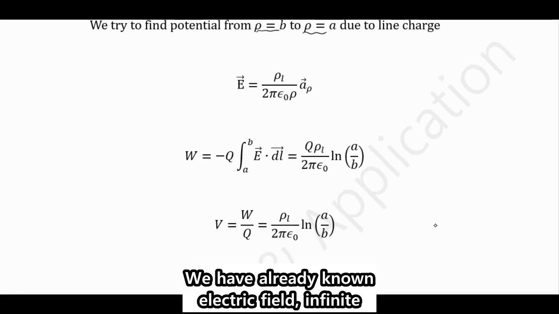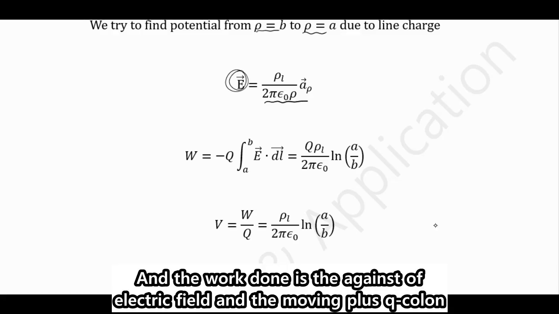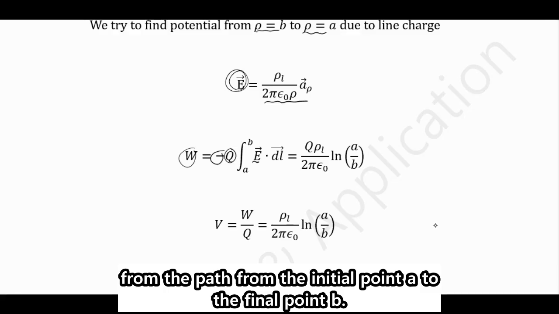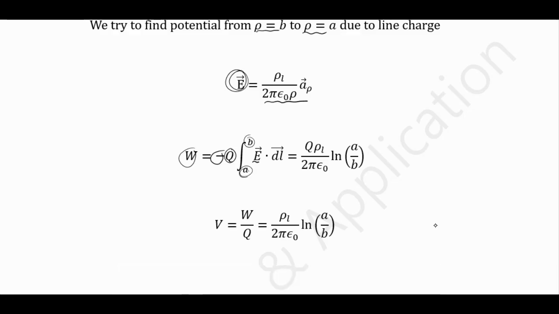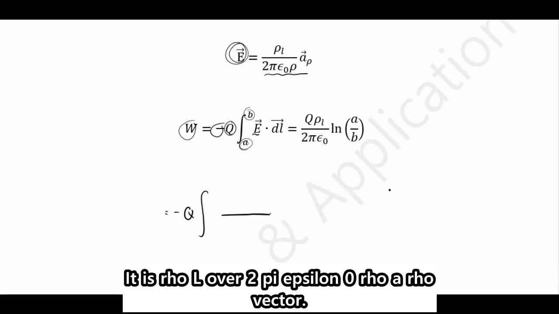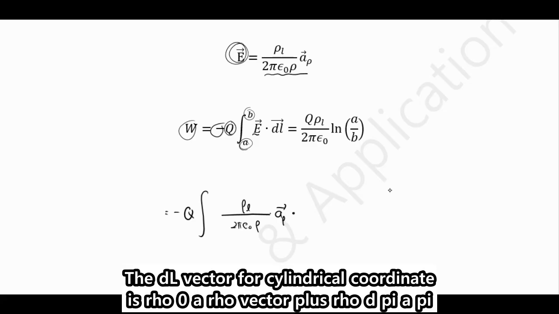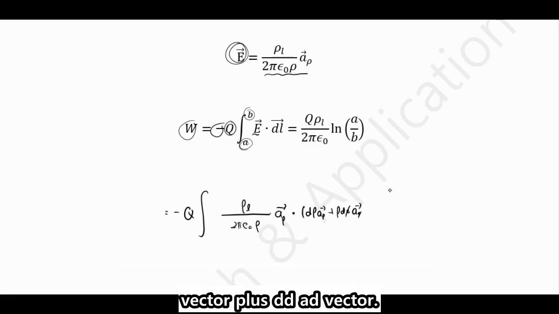We have already known the electric field of infinite line charge along the z-axis is like this, and the work done is against the electric field in moving plus q coulomb along the path from the initial point A to final point B. We can calculate this: minus q integral E, where E is rho L over 2 pi epsilon 0 rho a_rho vector. The dl vector for cylindrical coordinates is d rho a_rho vector plus rho d phi a_phi vector plus dz a_z vector.